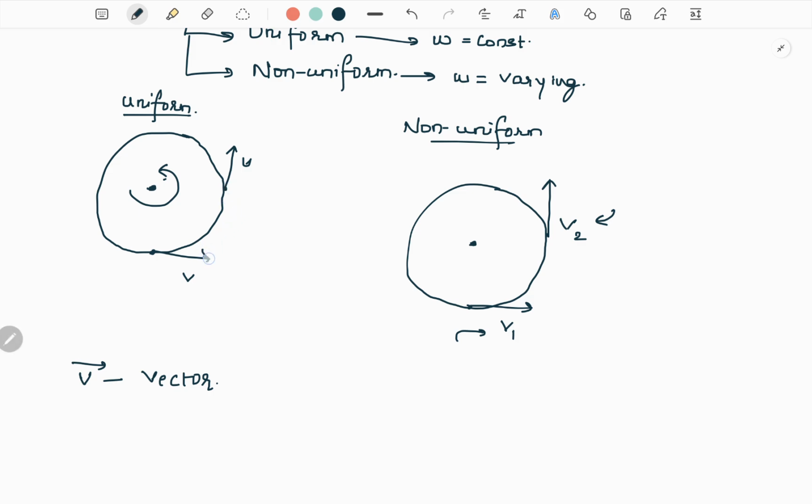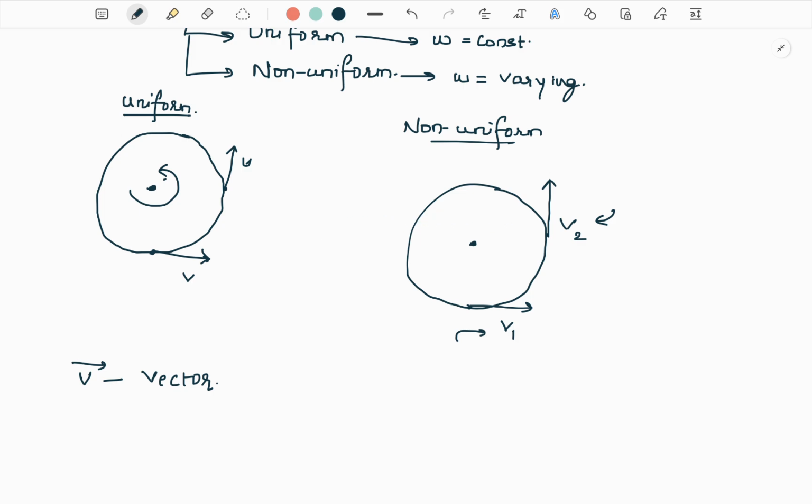In uniform circular motion, the magnitude of velocity does not change, but the direction continuously changes, hence the velocity is changing. In non-uniform circular motion, both direction and magnitude of velocity are changing, hence it's called non-uniform circular motion.